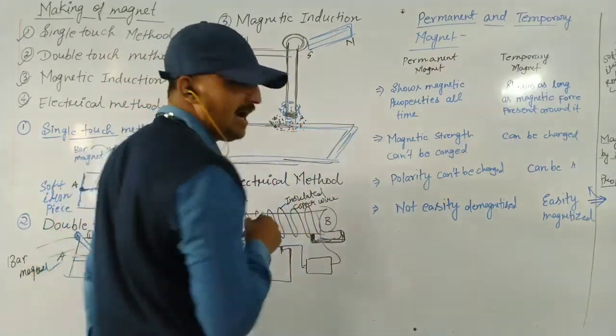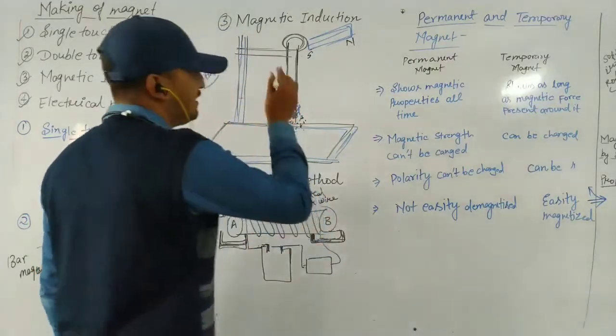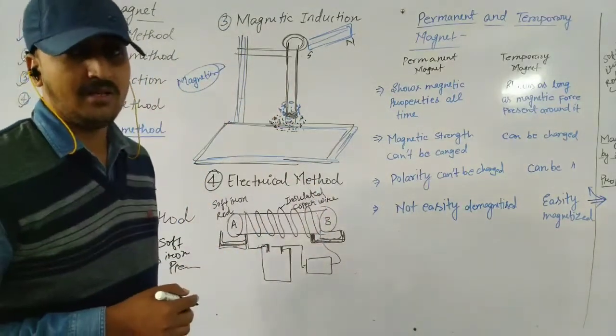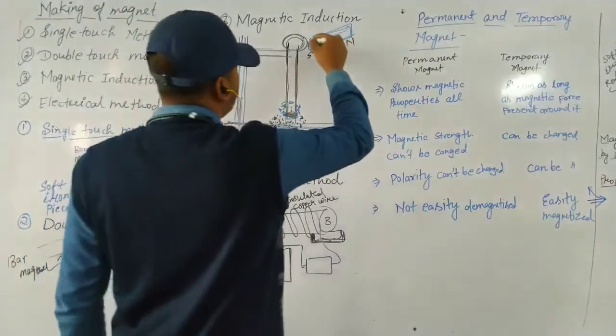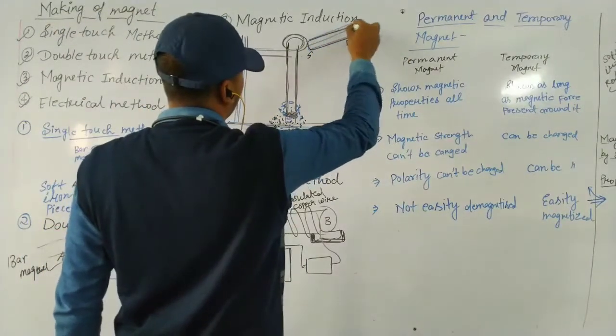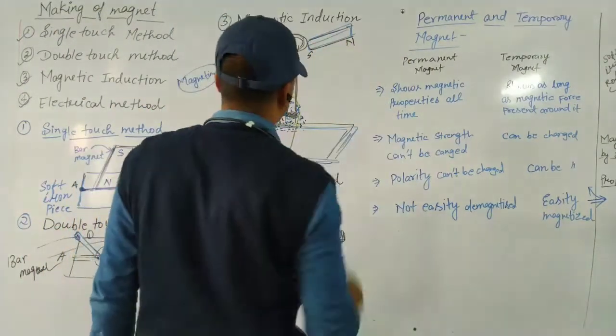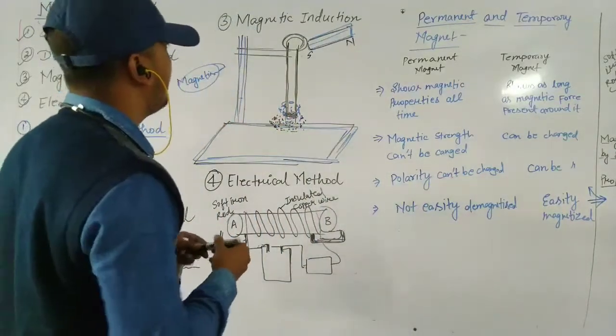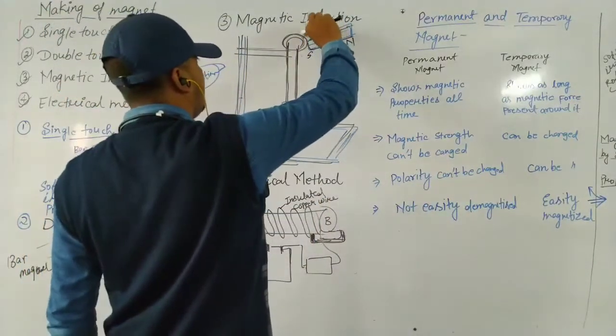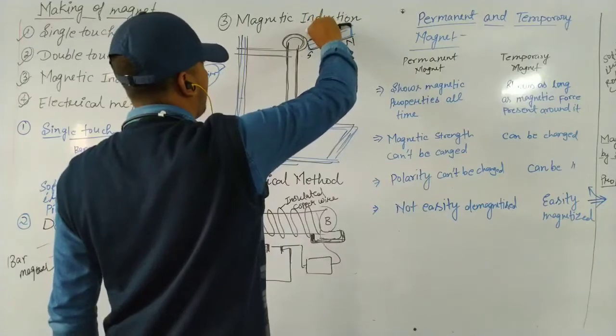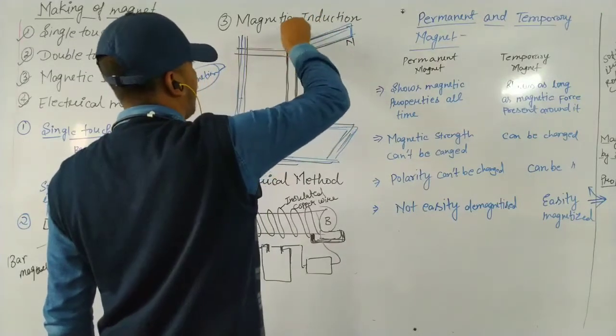When the iron nail is kept here and these small iron chips are kept here, there is nothing happening. But when we bring a small bar magnet with north and south poles, what will happen? We hold this bar magnet just near the iron nail. After some time, it will magnetize.